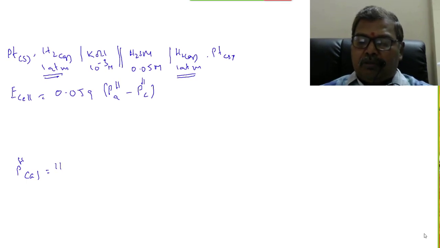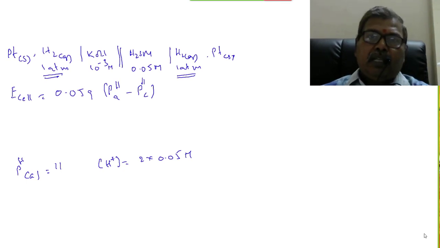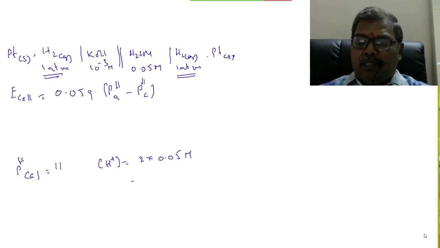In case of H2SO4, the hydrogen ion concentration in the solution is 2 into 0.05 molar, because 1 mole of sulfuric acid produces 2 moles of H plus ions in the solution. So it is 10 power minus 1 molar. This is 1. Right? Now, therefore, 0.059 into 11 minus 1. Simplify it, you will get the answer.